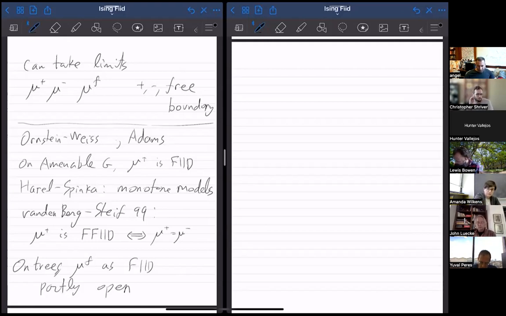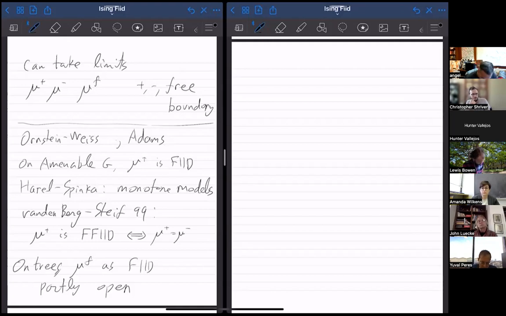Now there is a closely related model I should mention, the gradient Ising. So the gradient Ising, you just look at which vertices are nearby and which are equal and which are not, and this exactly eliminates the obstacle that we had for the Ising model to be a finite factor of IID.